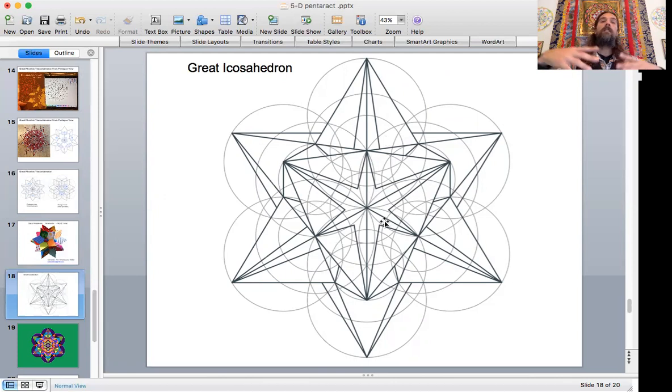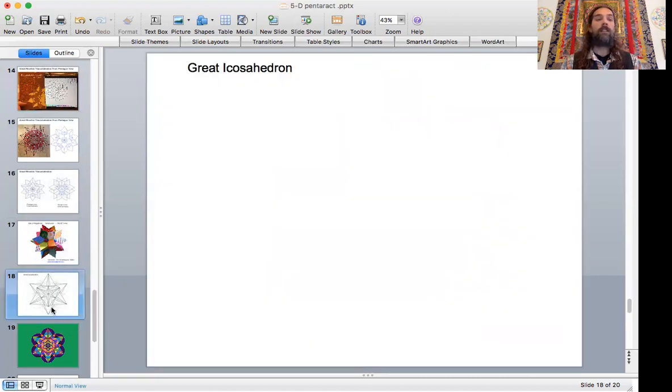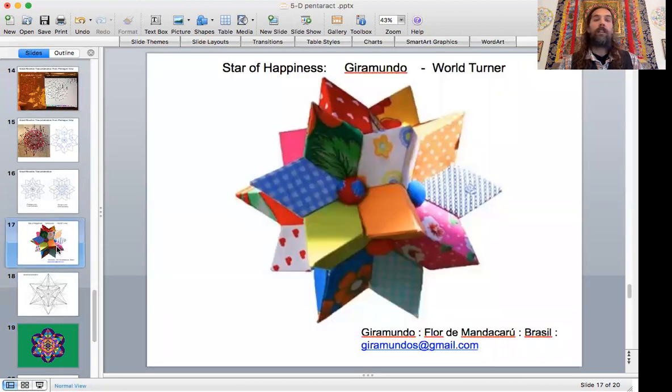So it's giving a plethora of new sacred geometry, not new, but new to the sacred geometry drawing techniques with compass and straight edge, how to integrate these into our pattern language. And this is just a quick coloring in of that complex great icosahedron image. So yes, definitely the Star of Happiness is where it's at.